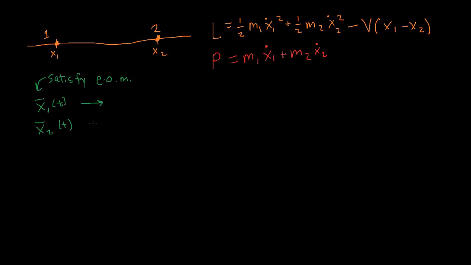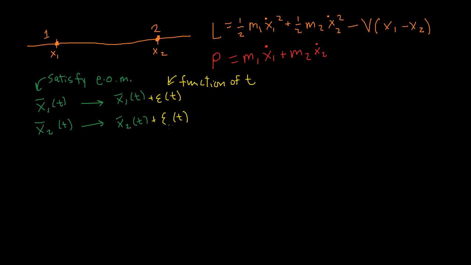So we're going to consider a tiny variation of both of these paths. So x1 bar of t is now going to become x1 bar of t plus epsilon of t, and x2 bar of t is now going to be x2 bar of t plus epsilon of t. And epsilon of t is some function of t that we're thinking of as a little tiny function, just a little tiny variation.